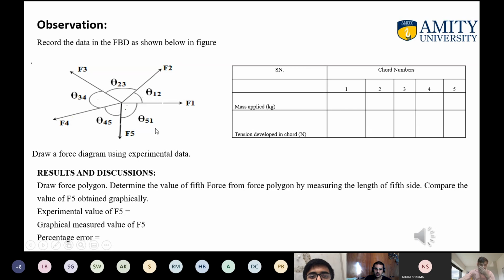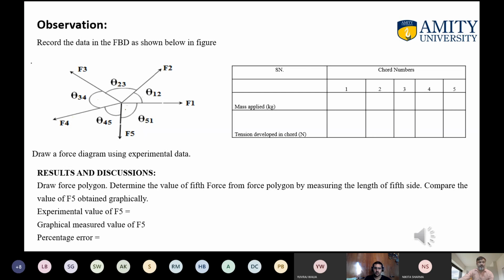Okay. Now you have to take one force. Let's say F1, it's 300 grams.